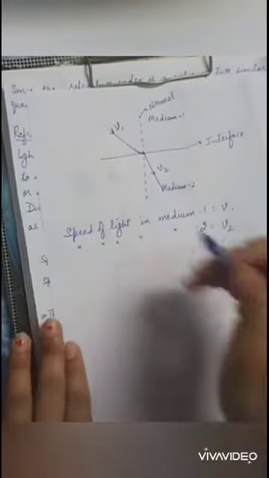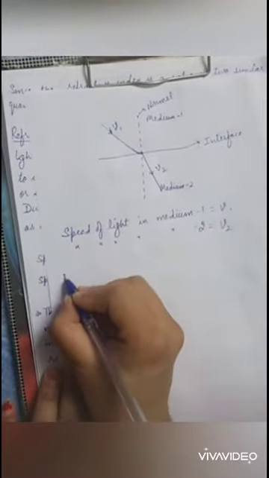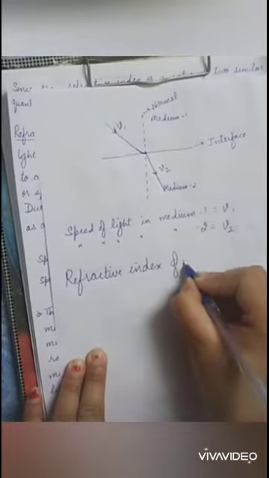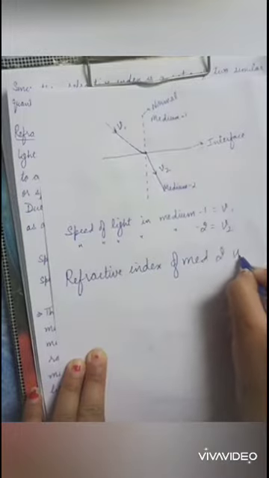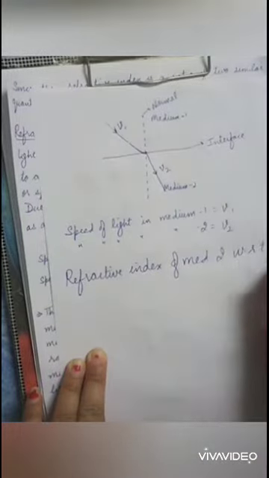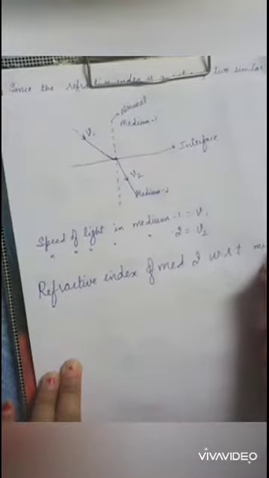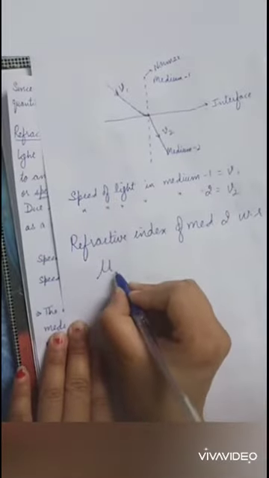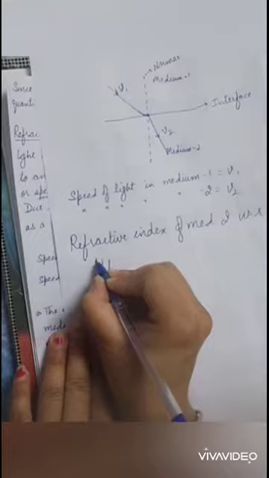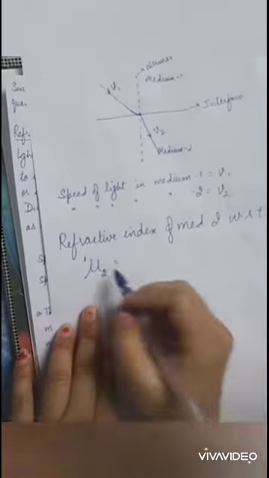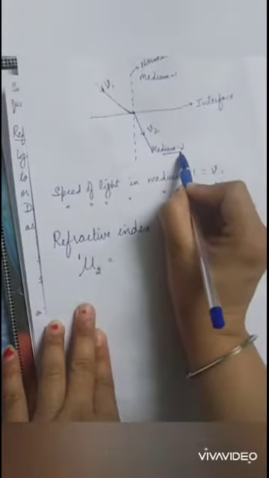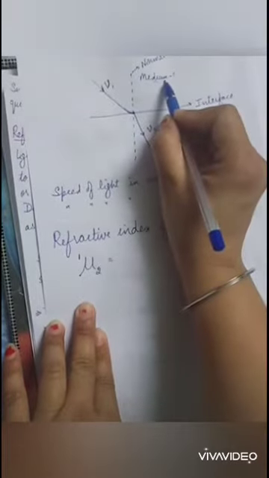Now you want to find out the refractive index of medium 2 with respect to medium 1.